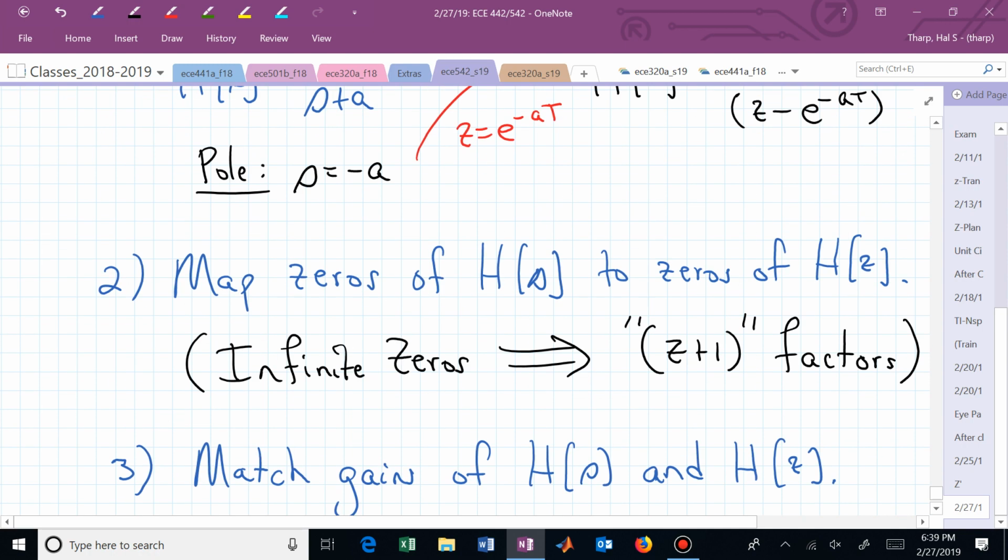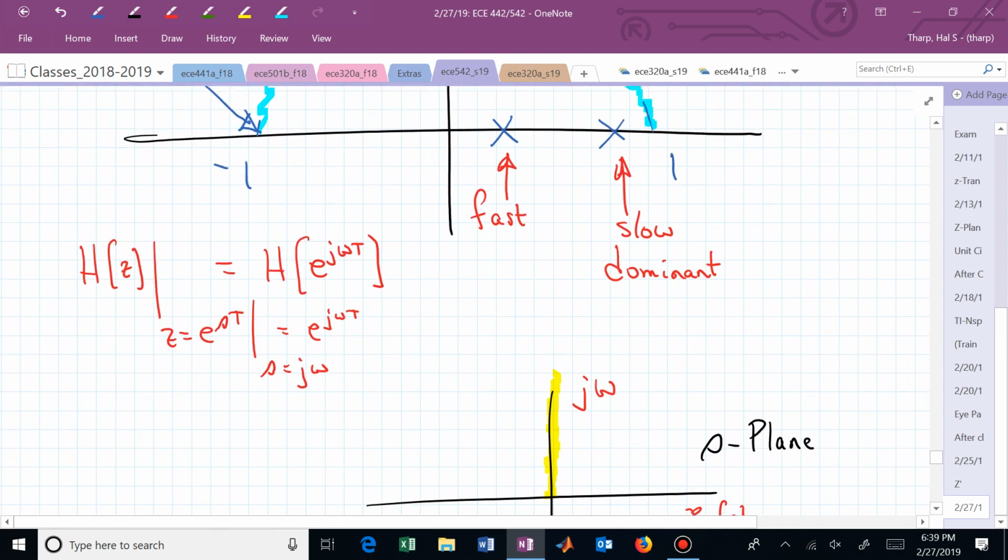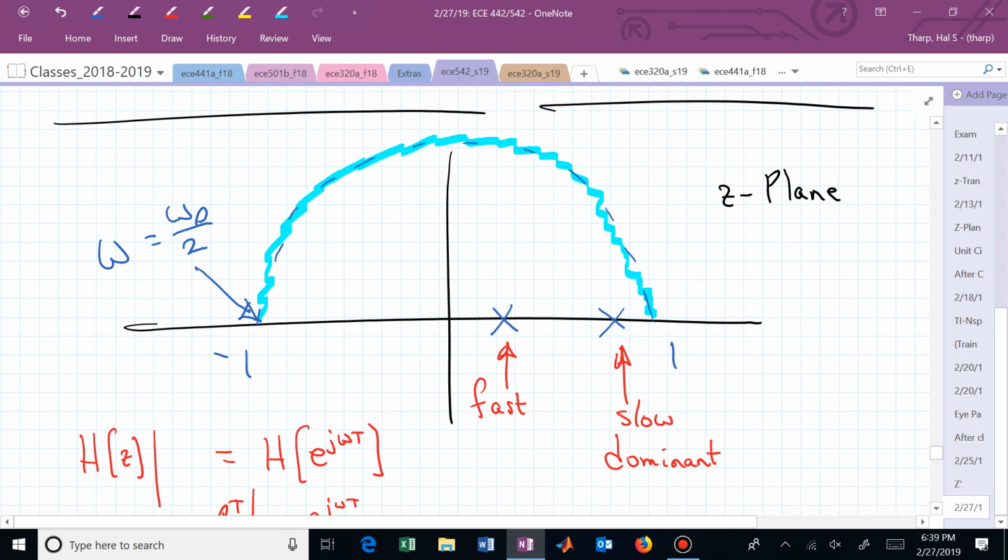And where's high frequency in the Z plane? You could consider this to be high frequency, -1. So you could let S go to infinity, or omega go to infinity, and map that to -1 when Z equals -1.